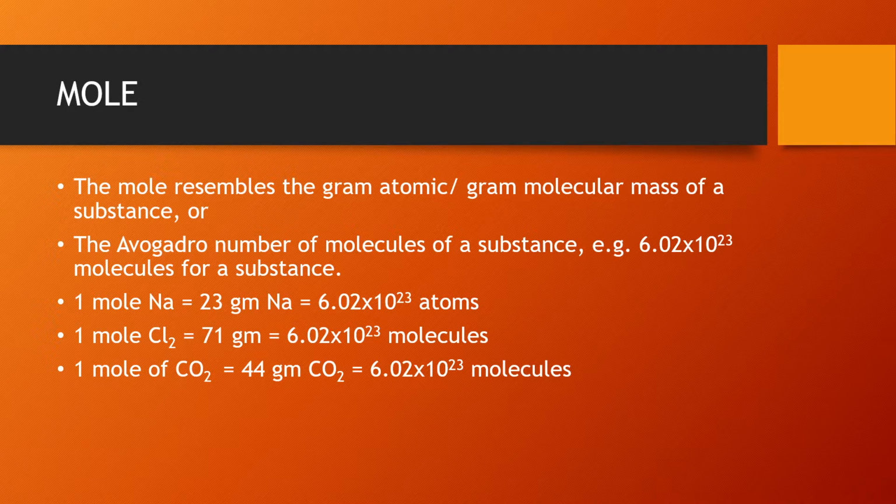Let me correct that: it's atoms, not molecules, I apologize. Because sodium is a single atom. And 1 mole chlorine is a molecule, so it will be the Avogadro number of molecules, that is 71 gram. And 1 mole of carbon dioxide will be 44 gram of carbon dioxide, that is the Avogadro number of molecules. So this is the concept of mole.